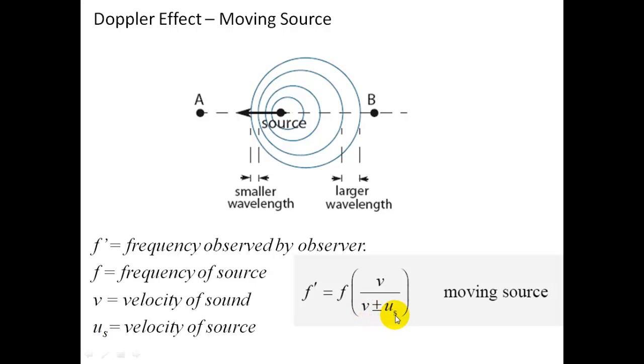Now you have to decide which one of these you need to use. You use a negative if it's approaching and positive when it's receding. So effectively, when it's approaching, you will divide by a smaller number. The quotient will give a higher value, and therefore they will observe a high frequency.